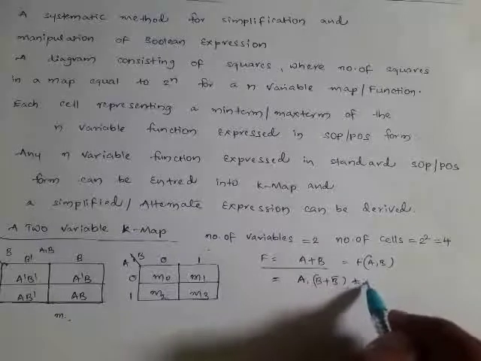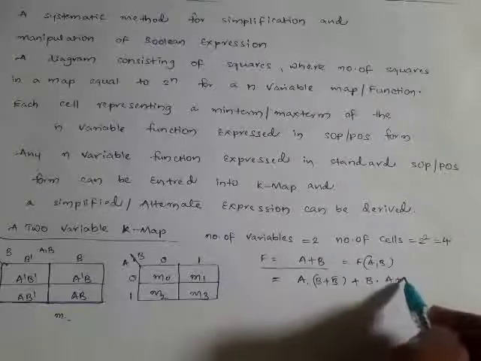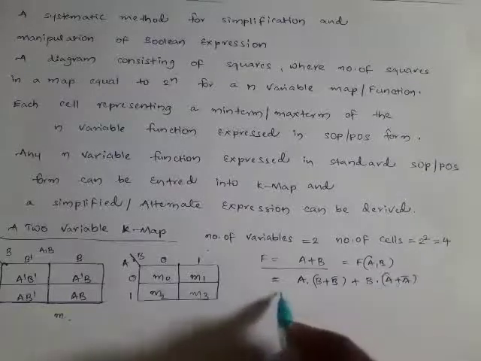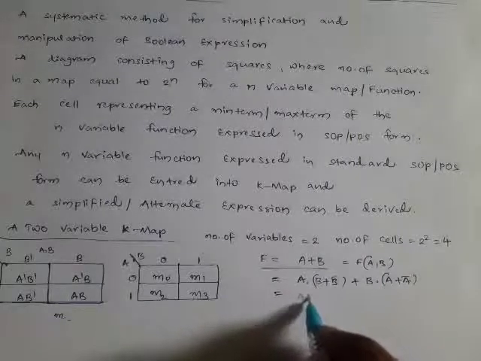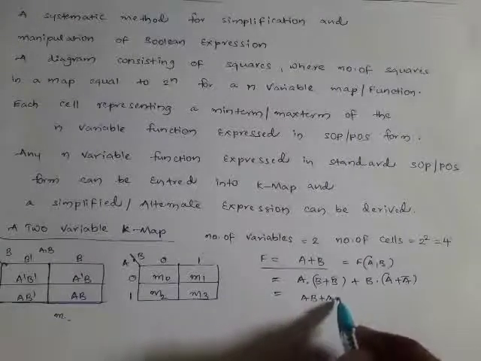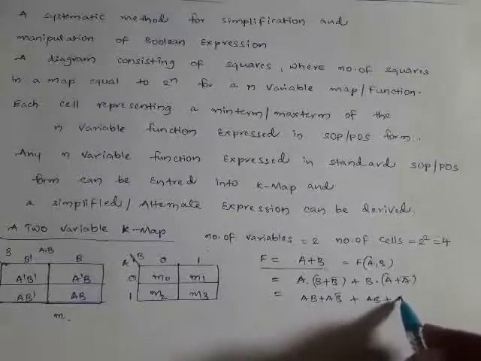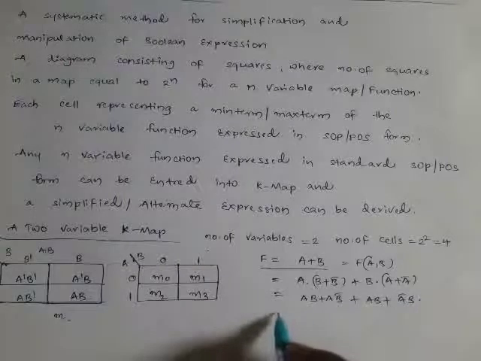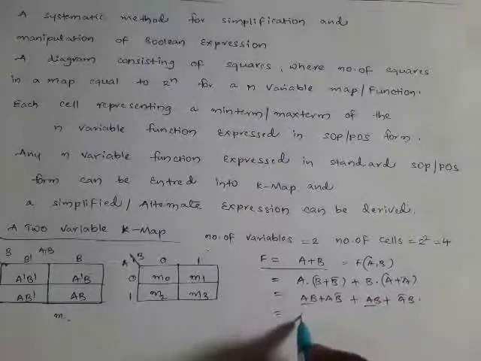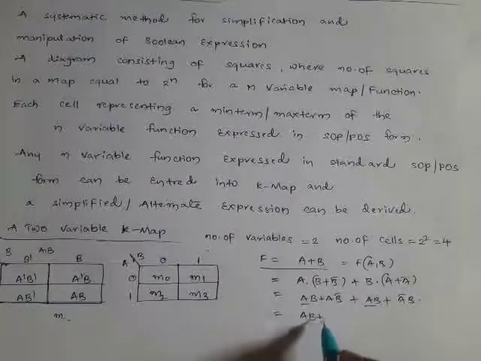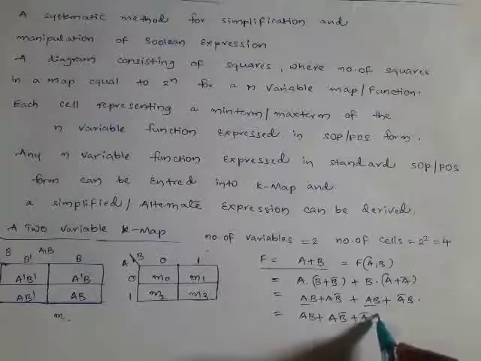Similarly, for this product term, what is missing is a, so multiply it with a plus a bar. So what you will get is ab plus ab bar plus ab plus a bar b. This term got repeated, so remove the repeated one. It is ab bar plus a bar b.